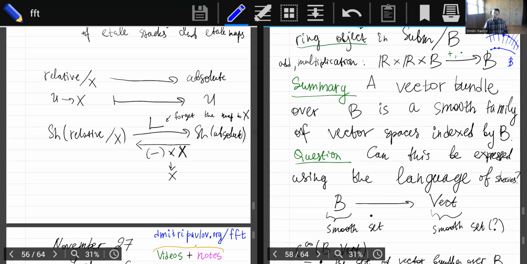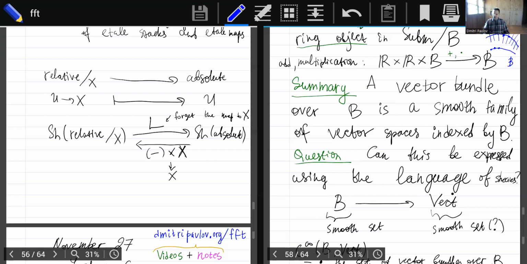And the question is, since at every point of B I have some local data like a vector space, and this data seems to vary smoothly, perhaps it is possible to express a vector bundle as a map from B to a certain smooth set of vector spaces, which is supposed to classify vector spaces in smooth families.